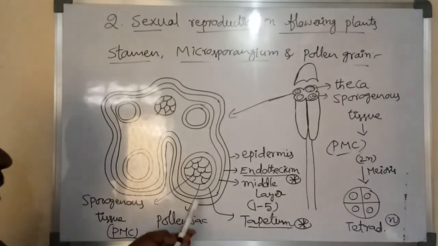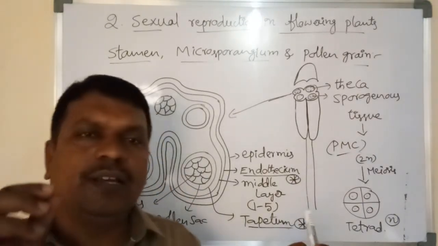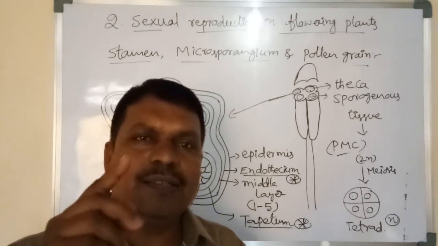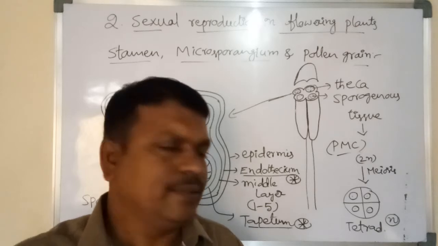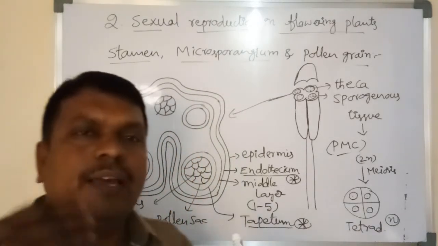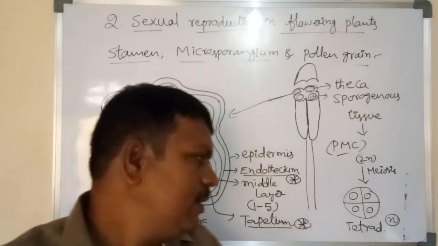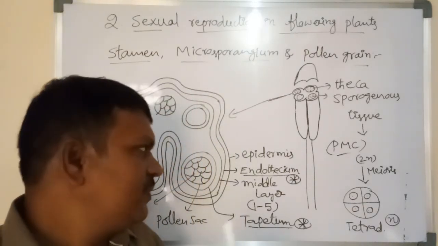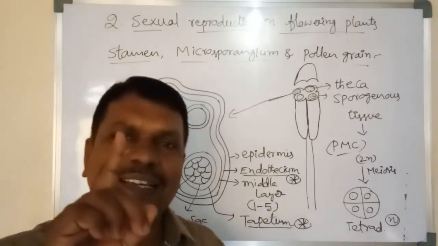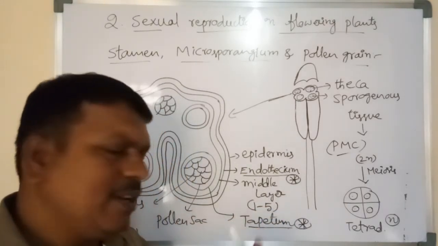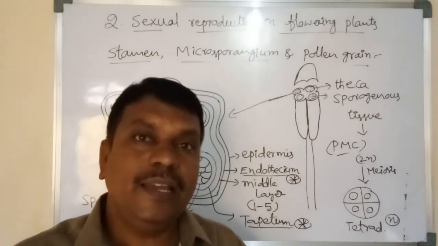Clear? Next, in tapetum, each cell has two nuclei. That is called binucleate. But in epidermis, endothecium, middle layer, each cell has a single nucleus. But tapetum has two nuclei, called binucleate.